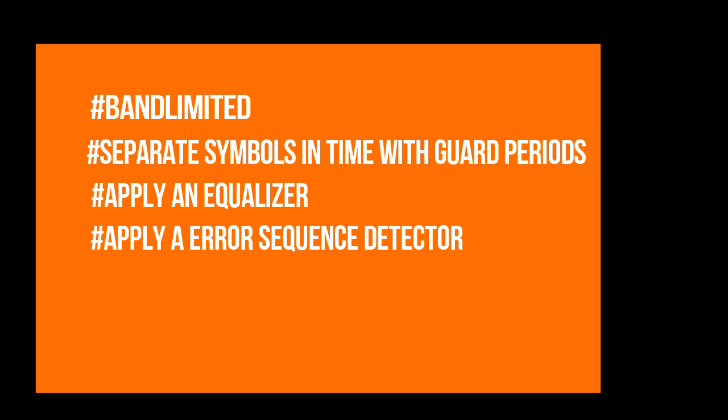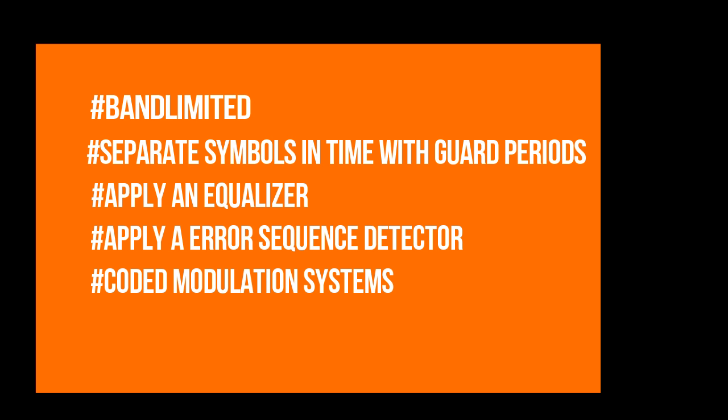Fourth, apply an error sequence detector at the receiver that attempts to estimate the sequence of transmitted symbols using the Viterbi algorithm. Fifth, coded modulation systems control the amount of ISI introduced into the system at the transmitter side, which is faster than Nyquist signaling.